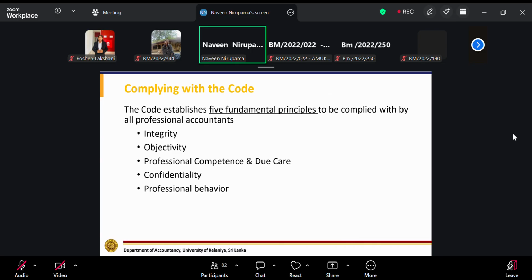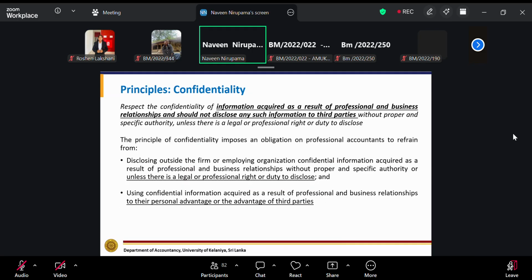Then we have to discuss the fourth of the fundamental principles, confidentiality. Under this principle, information acquired as a result of professional and business relationships should not be disclosed to third parties.